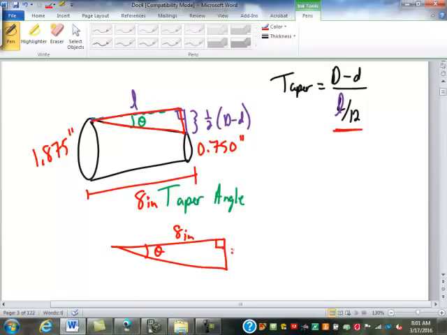This piece here, that's going to be 1/2 of 1.875 minus 0.75, which is what? Not quite 1 1/4. 1.125, right? Divided by 2.